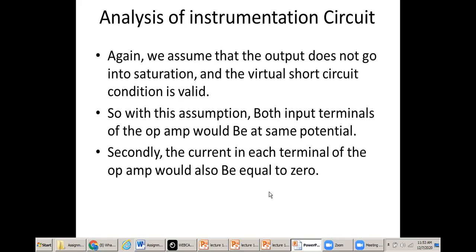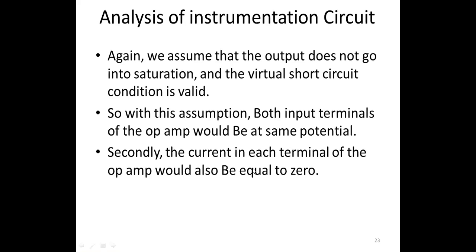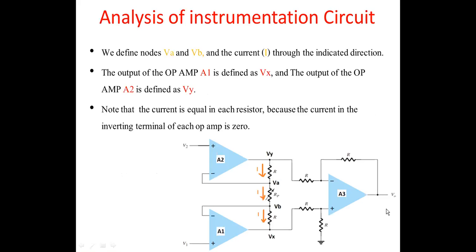On the basis of these assumptions, we can analyze this circuit to find out the relationship of output in terms of V1 and V2. For that, in this circuit, I can assume some nodes here. Let's say this is node VA, this is node VB, and the current entering into these nodes is assumed as I1.